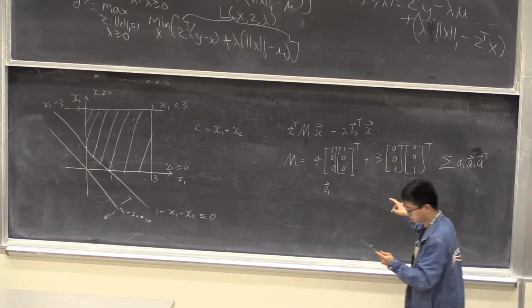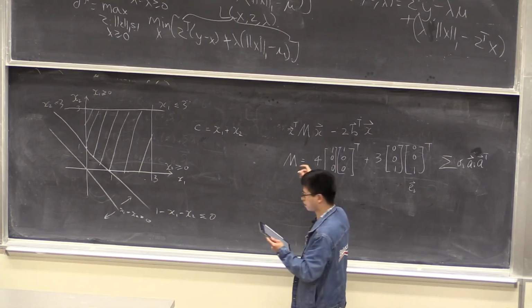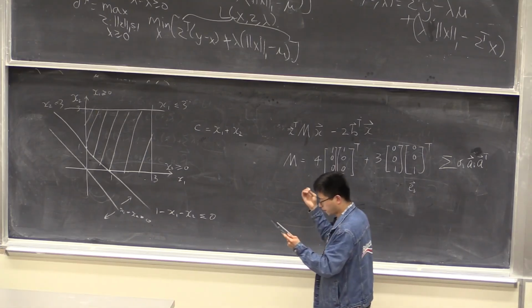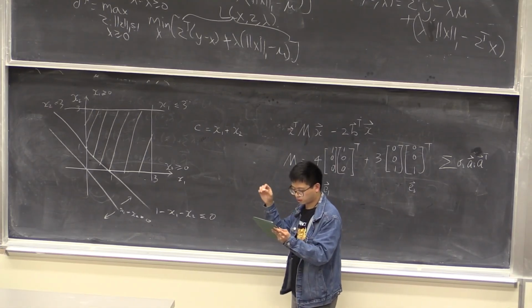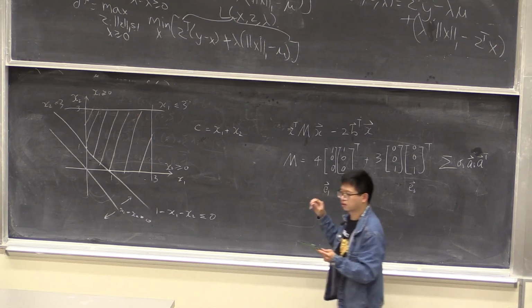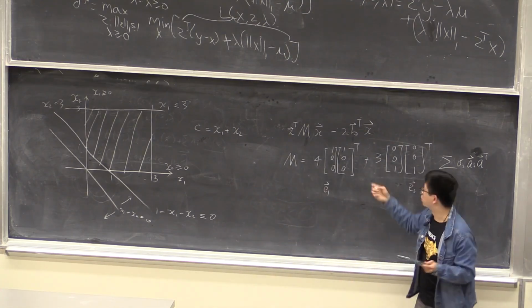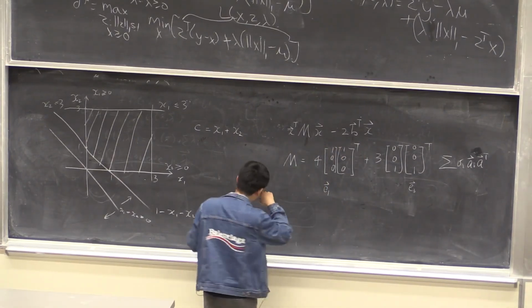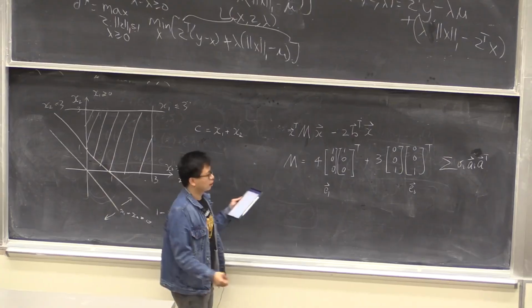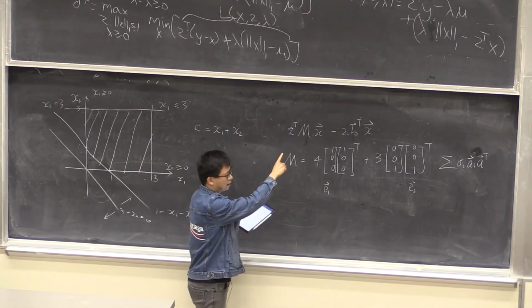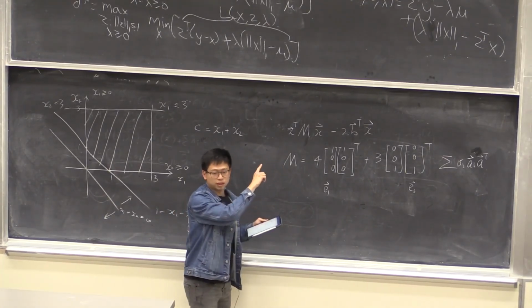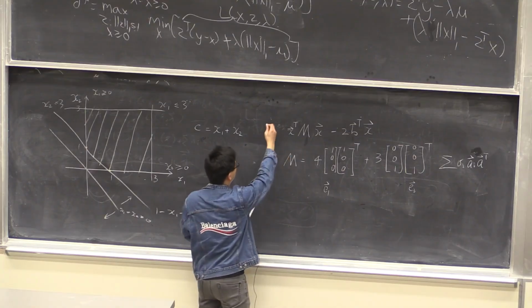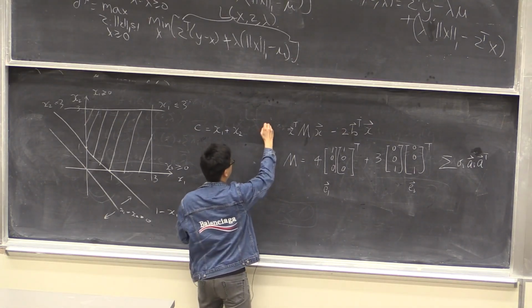And here we have this B. So the question asks, if B is a specific vector, what's the optimal value for this particular objective function? Let's think about the condition at optimality. This is the objective function, let's just call it f.